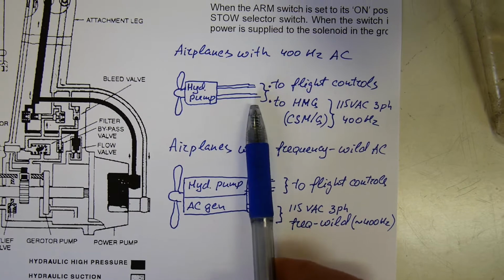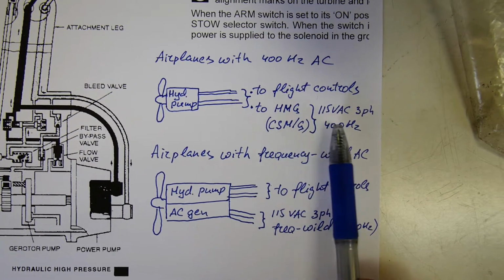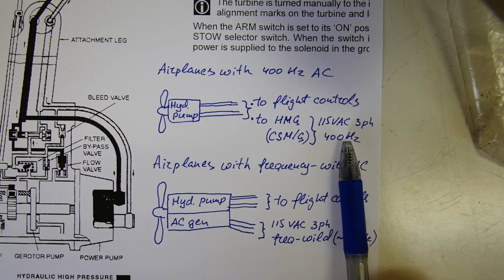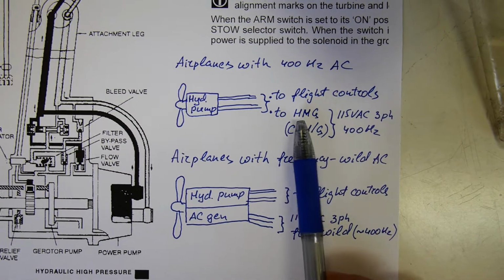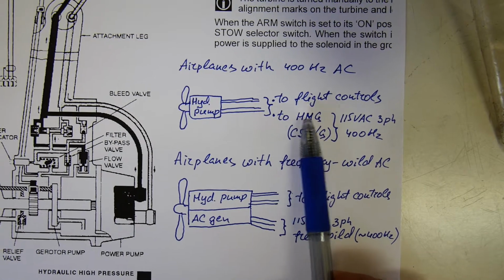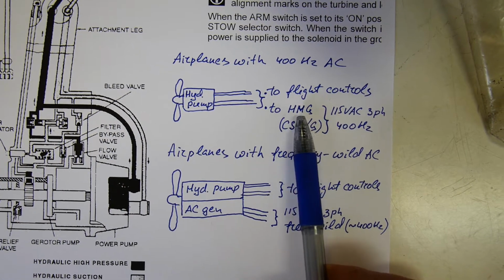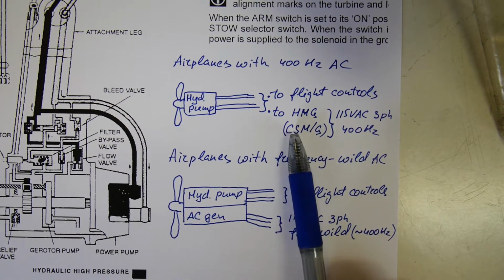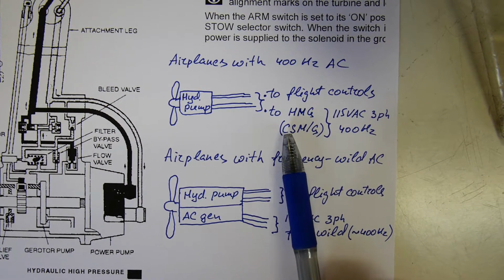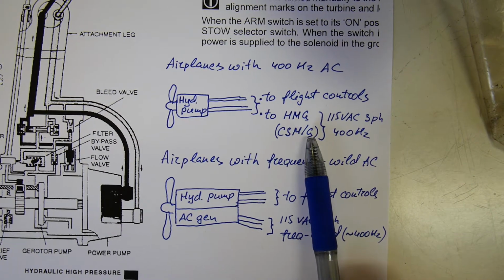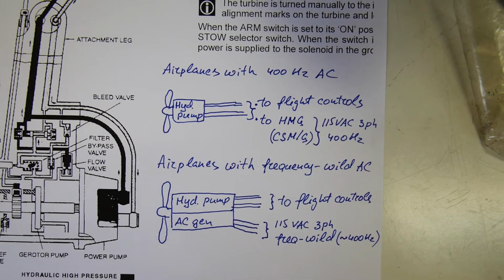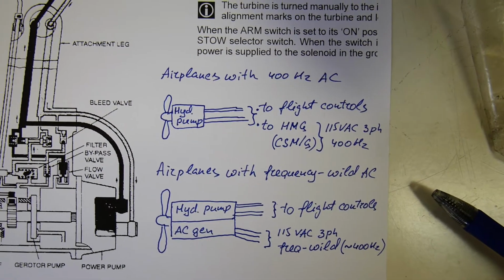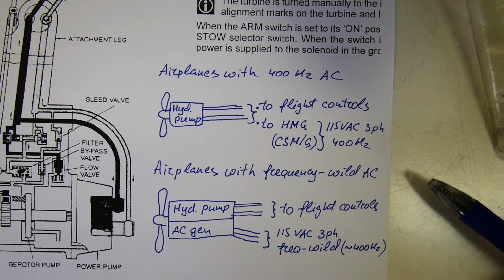However, hydraulic power can also be used to produce a limited amount of AC electrical power. This can be done by means of a hydraulic motor generator, HMG. This is the name at Boeing. At Airbus, this unit is called a constant speed motor generator. The names are different, but the operation is fully similar.